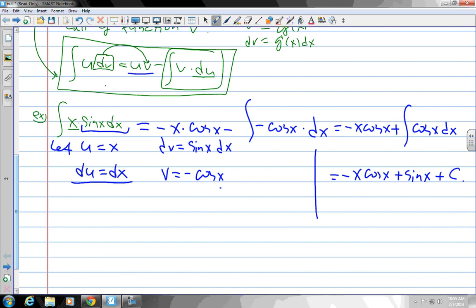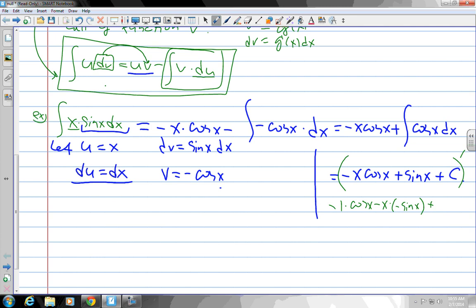Wasn't that fun? How can we check whether that's the right answer? Yeah, if I take the derivative of all that, I should get x sine x back, right? You don't have to do it every time, but just to prove a point, if I take the derivative of this, what do we get? So the product rule over here, right? You get negative 1 times cosine x minus x times the derivative of cosine, which is negative sine x, right?